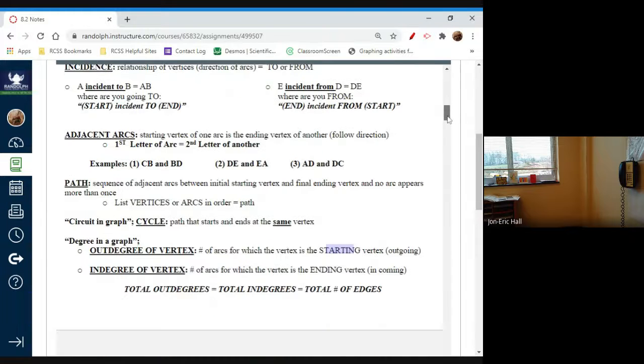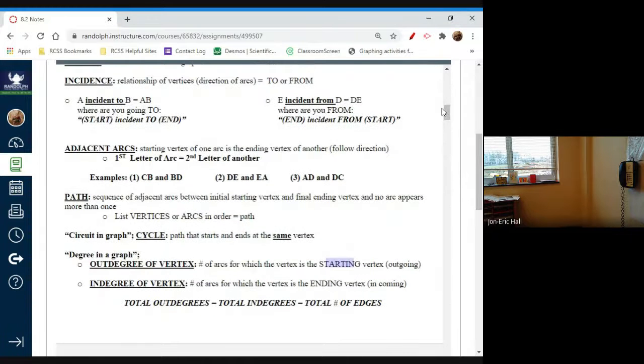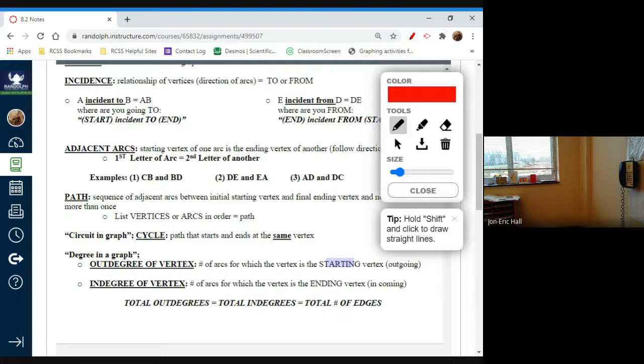So if I was to come down here again, I believe this is actually plus and I got mixed up. So the total of out degrees plus the total of in degrees equals the total number of edges. Again, that should be easy. That's something we just did back in our previous unit. So take that knowledge back from the mathematics of graph theory and traveling and put that in perspective here.